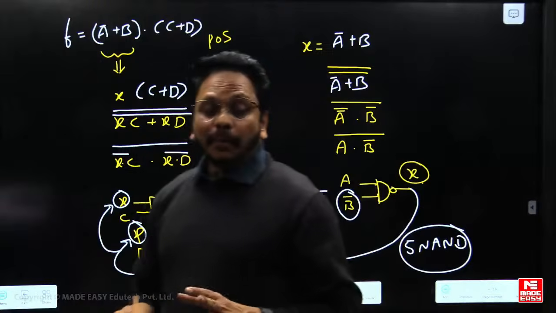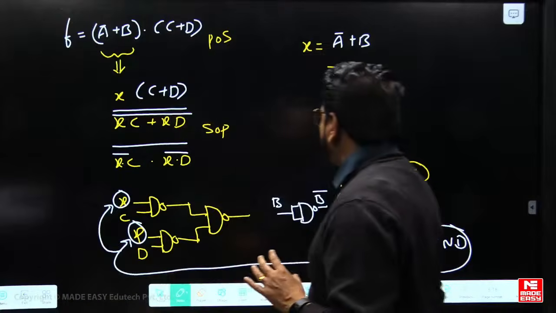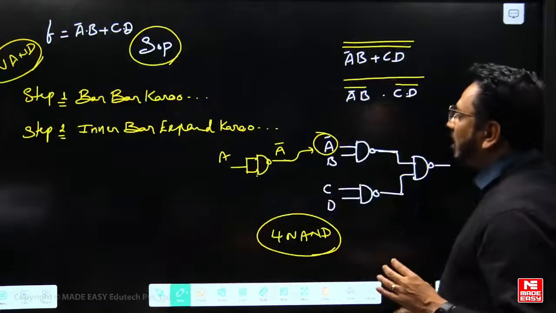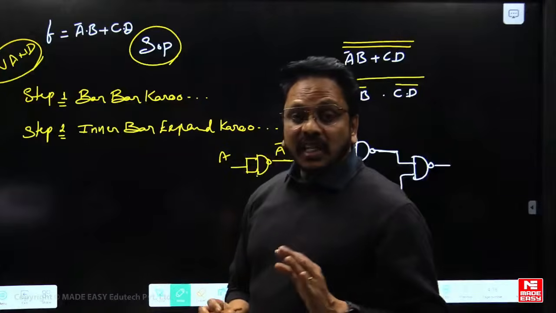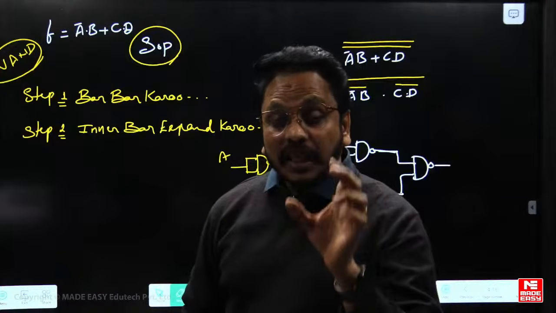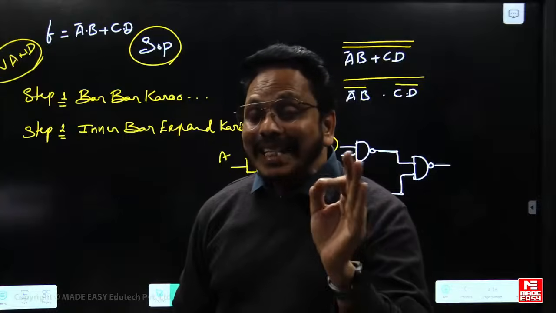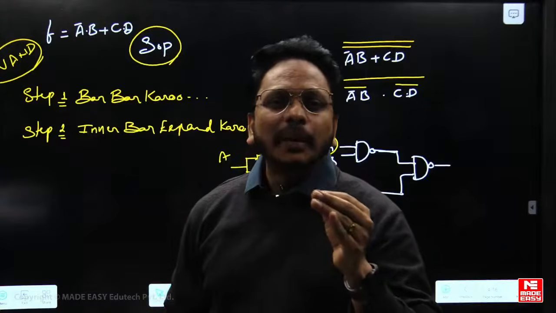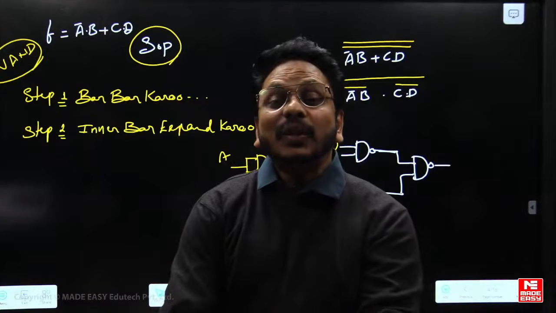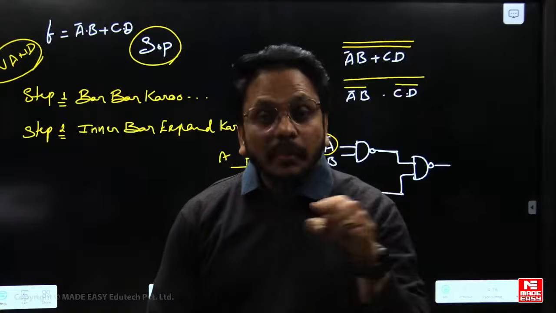So this is the way you can apply. Very simple. Check what we did here. For the SOP expression, the sum of product form, if they are asking to implement it completely by NAND gates, then just do bar karo, inner bar expand karo.